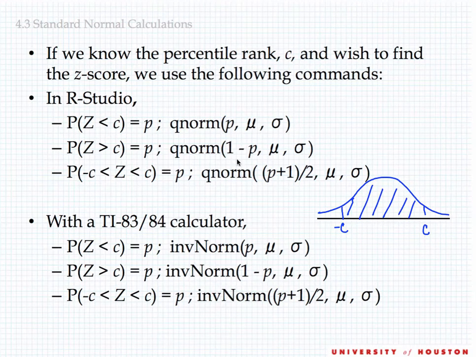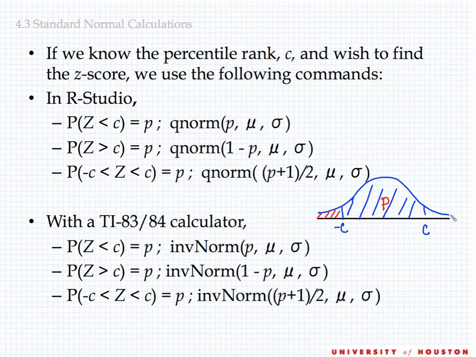We'll call it P. Now remember, the qnorm and the inverse norm are looking for the probability such that the area to the left of our value is what we have. If we're given this probability, we want to add what I've shaded in blue to this value shaded in red.